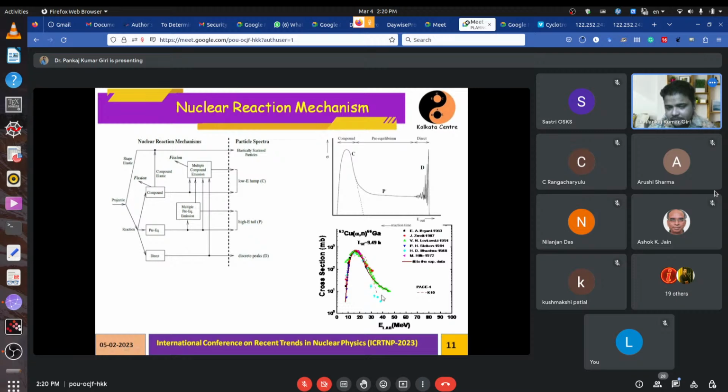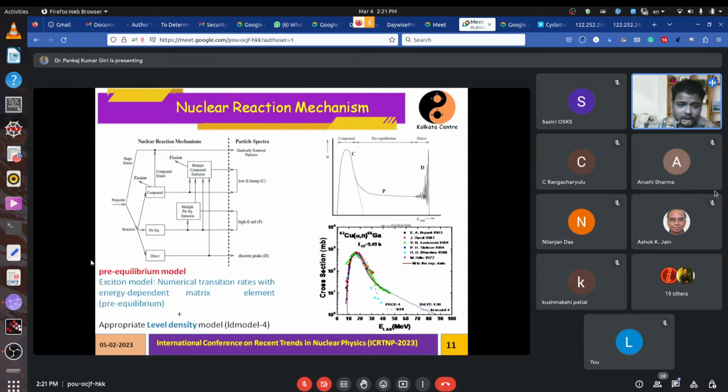This is the reason why it is happening: this code has the limitation that it only considers the compound part. But what if one code considers the compound part and the pre-equilibrium, then maybe we can have a better result. So we tried to figure it out.